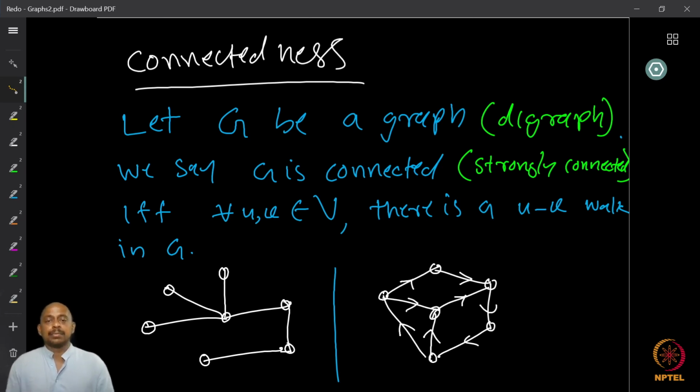Now, if you are looking at digraphs, we say the digraph is strongly connected if for every pair of vertices there is a directed u-v walk in the digraph. So, in the case of a graph, we say the graph is connected if any two vertices have a walk or a path between them. Similarly, we say a digraph is strongly connected if I can reach any vertex from any other vertex.